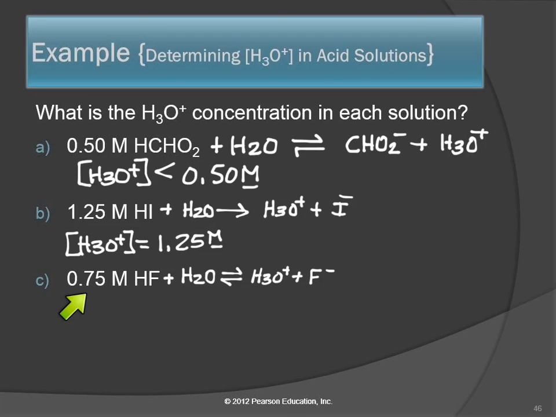So if we have 0.75 moles of HF per liter of solution, and only some of it forms hydronium ions, then the concentration of hydronium ion must be less than 0.75. And again, putting H3O plus in brackets, that's the chemist abbreviation for the molarity of that. So the molarity of that is going to be less than 0.75. Any questions?